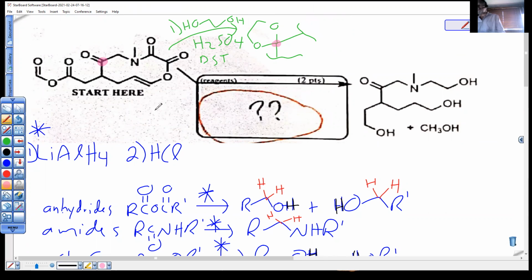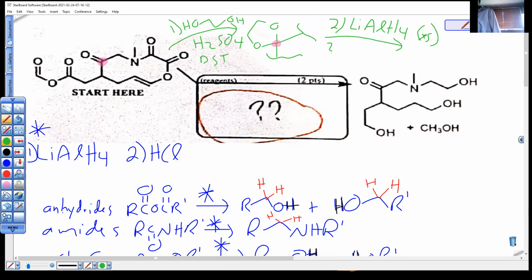So step 2 is to reduce all the other functional groups. Step 2. Lithium aluminum hydride. You don't have to say excess, but if you want to, it's fine. Yeah, you're going to need a lot of it.